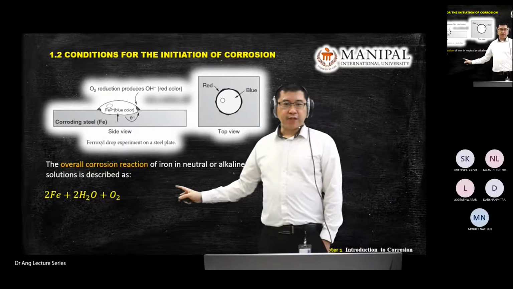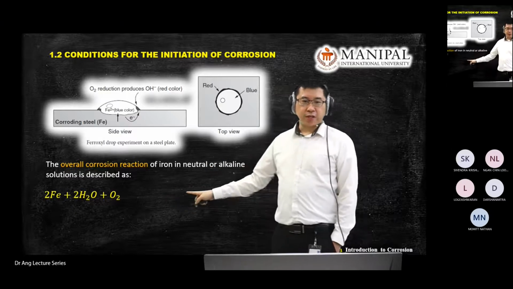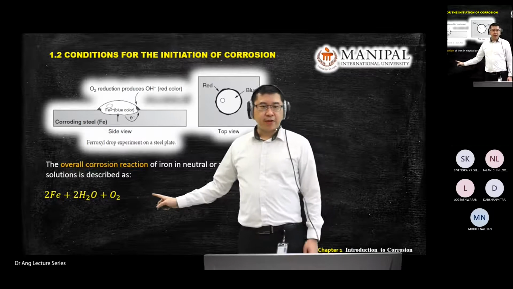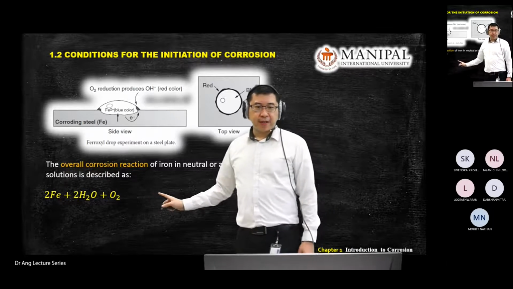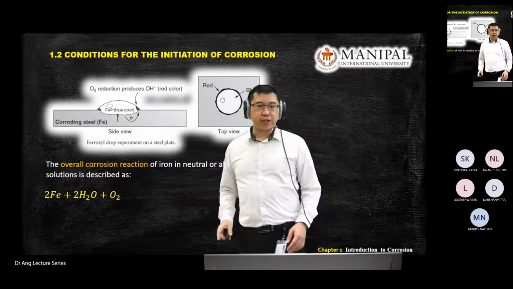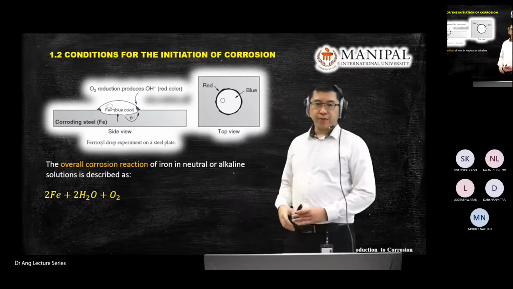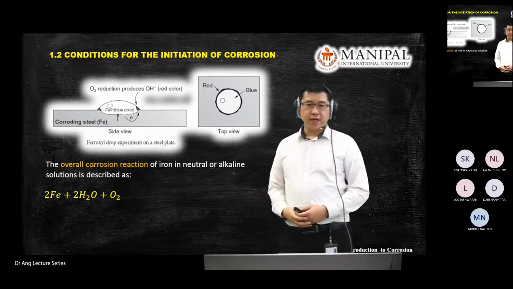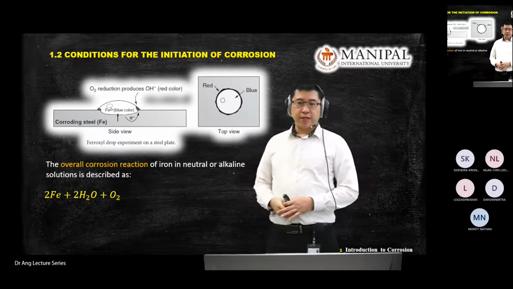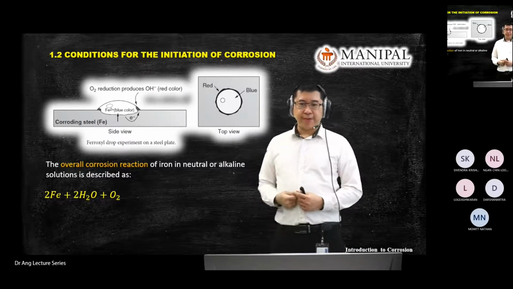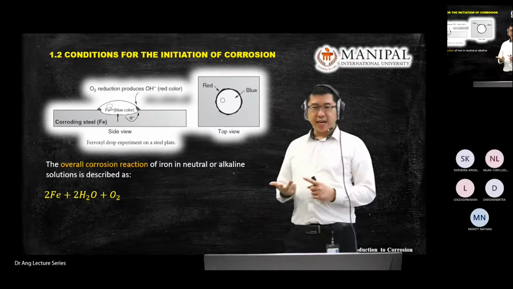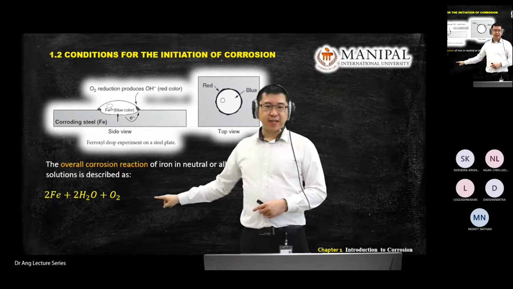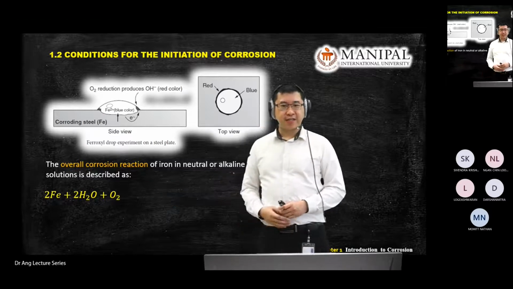So we start with a very basic chemical equation. As you can see there, you have metal, ferrum, plus water and oxygen. From this chemical equation, you know that you can define corrosion. You need metal, you need water and oxygen. This is the most basic corrosion process.